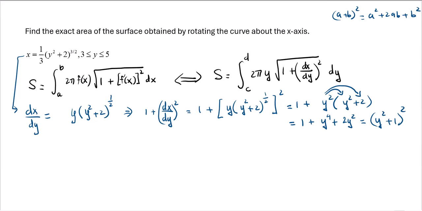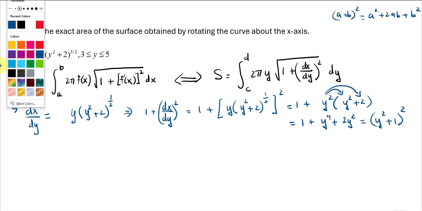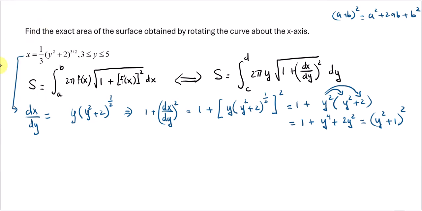Now, I'm going to go back to my formula right here. So we're going to begin to substitute everything into that formula. So we have 2 pi. I'm going to bring the 2 pi outside.